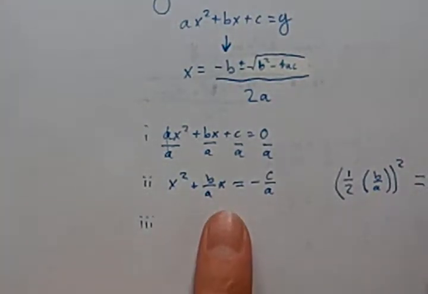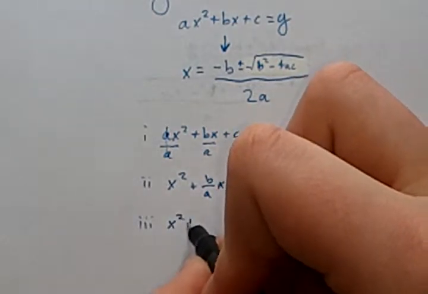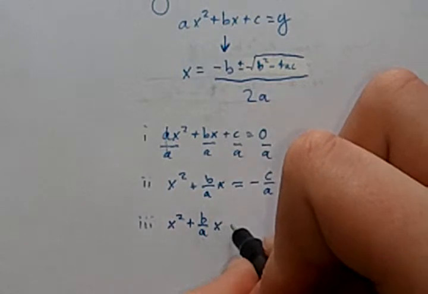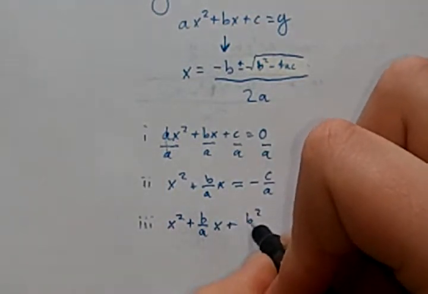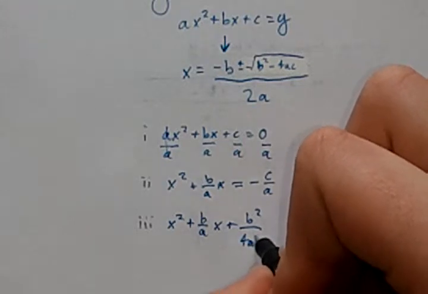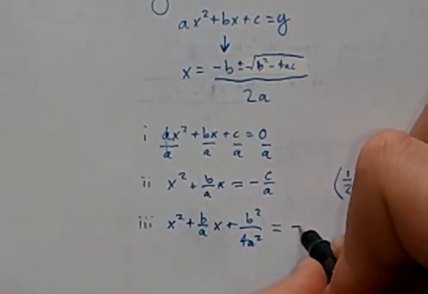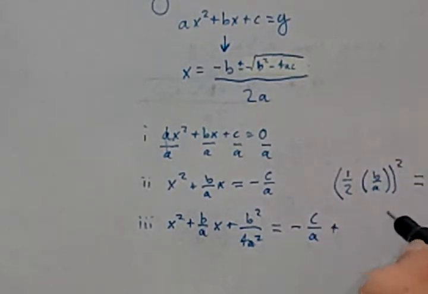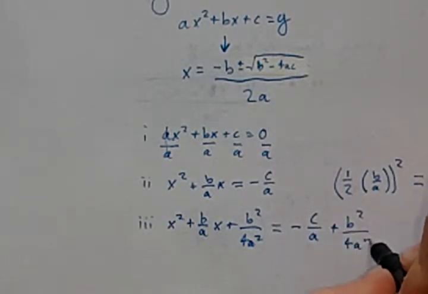And so when we get that, we're going to add that to both sides. So we get x squared plus b over a times x plus b squared over 4a squared equals negative c over a plus b squared over 4a squared.